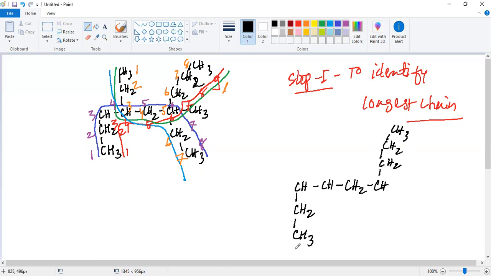So this is our parent chain. All the others are branches. So you can see that one branch is here as a CH3. Another branch is here, my dear students, which is CH2, CH3. Then the third branch is here, my dear students, that is CH2, CH3.